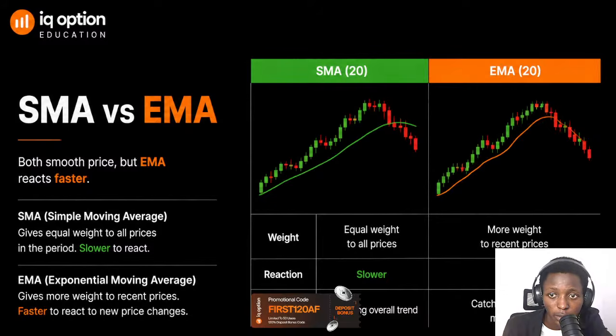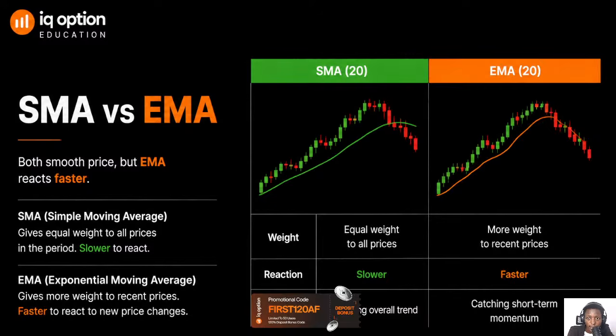I'm gonna move it a little bit so that you guys can actually see what is there. So yeah, you can see that the simple moving average and the exponential are the same lines with the same period. They are both period 20, but the SMA moves a bit slower than the exponential moving average.